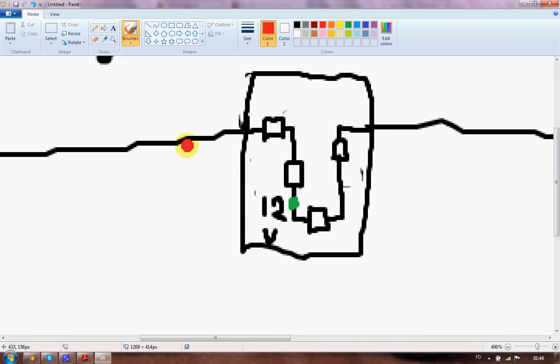towards the input. Because even if there's a break anywhere in this circuit, there's going to be no flow of current. Imagine that this was water and there's a break there, then no water is going to flow out of here.